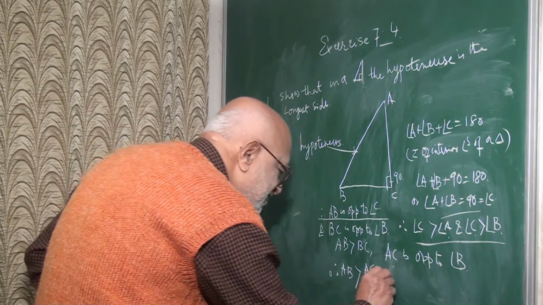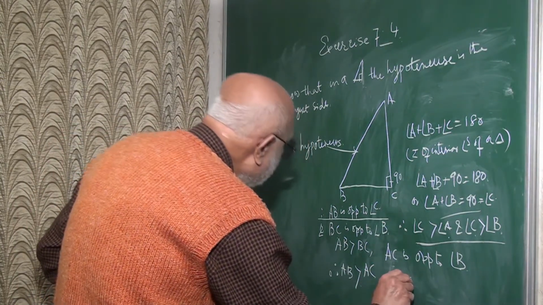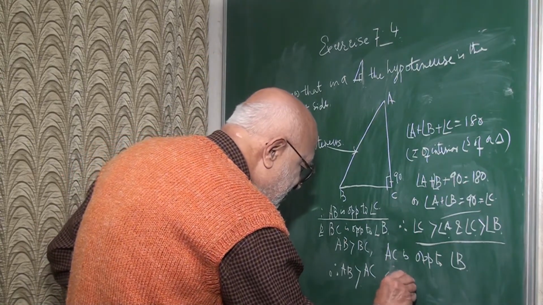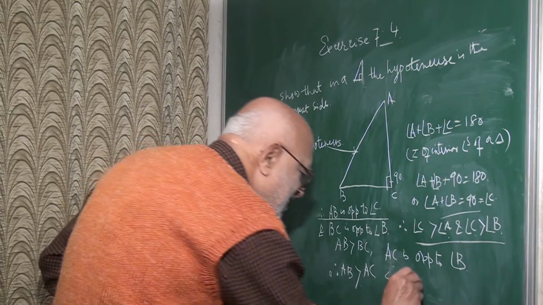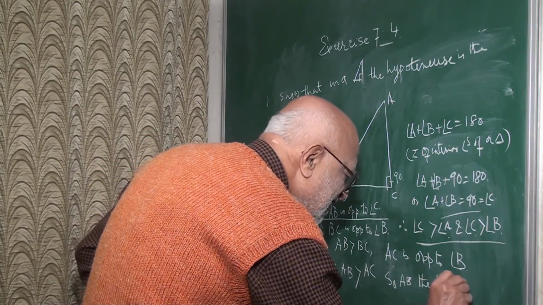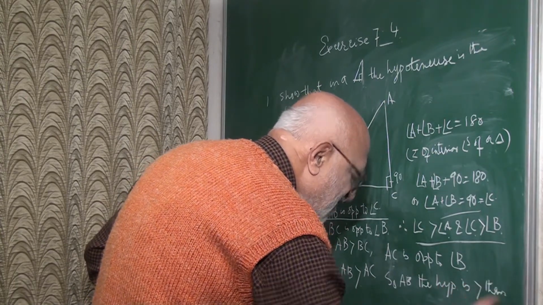So AB, the hypotenuse, is greater than BC as well as greater than AC.